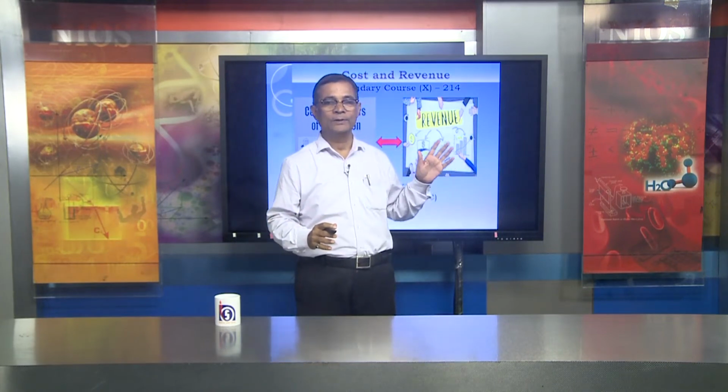So this way, the entrepreneur is responsible to make expenditure on these factors of production by arranging capital and money from different sources. This is the basic concept which we have to keep in our mind while we are studying cost and revenue. Let me discuss the revenue part.